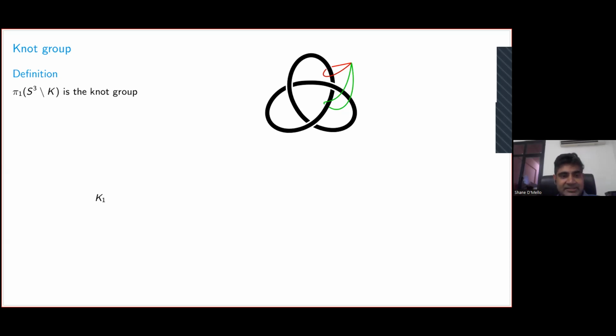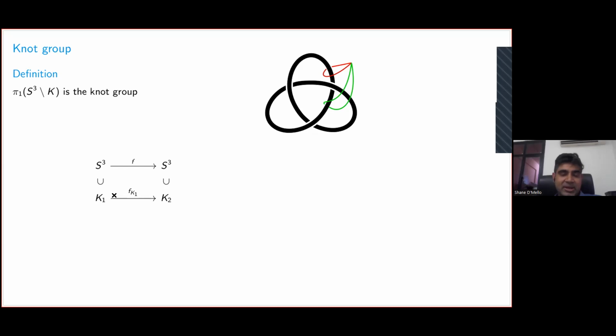Anyway, so we have this knot K1, and you can see that the fundamental group of the knot is actually going to be an sending K1 to K2, but it's a homeomorphism that extends to the whole of S3.